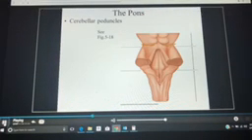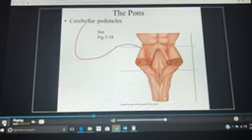Now here's a posterior view of the pons. And here we're going to take a look at the cerebellar peduncles. Now, I'm going to outline some peduncles here, folks, to be more specific. Here are the superiors. Here are the middle cerebellar peduncles. And then here are the inferiors.